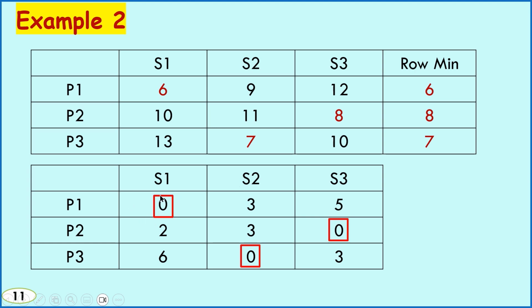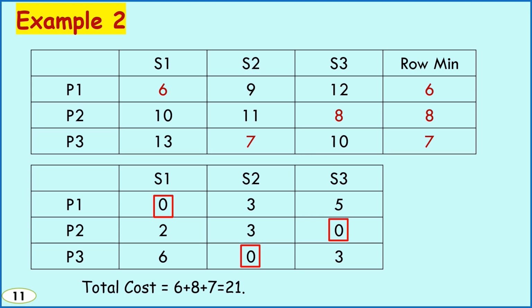The initial value here is 6, plus 8, plus 7. So the total 6 plus 8 plus 7 is equal to 21. That is the minimum purchasing cost. So that is how we solve it.